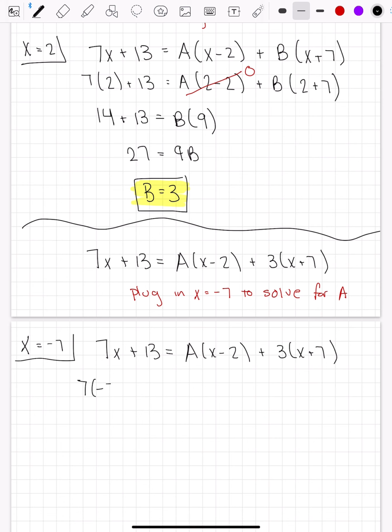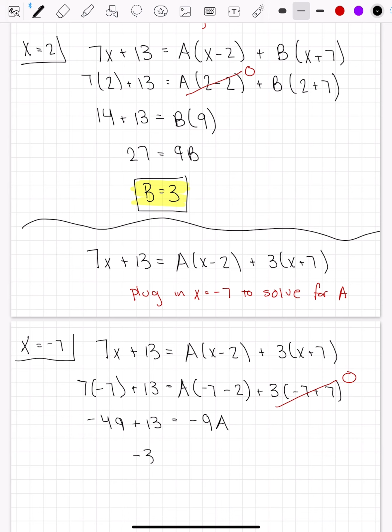So 7 times -7 plus 13 is A times -7 minus 2 plus 3 times -7 plus 7, which we know -7 plus 7 is 0, and 3 times 0 is 0, so that whole term is 0. -7 times 7, that's -49 plus 13, and then -7 minus 2, that's -9A. -49 plus 13, that's just -36. So then if we divide by -9 on both sides, we'll just end up with A is 4.